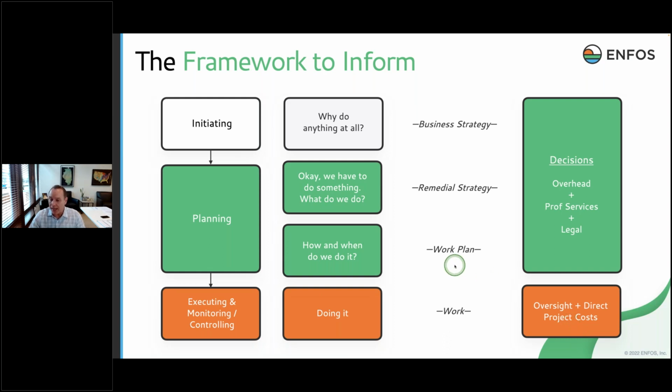Did we plan that work out and time that work out properly or not? Those costs inform the remedial strategy decisions that are going to be made in the future, right? How good of a decision did we make on that strategy for that particular site or this group of sites? And then certainly those costs inform the overall business strategy as well.